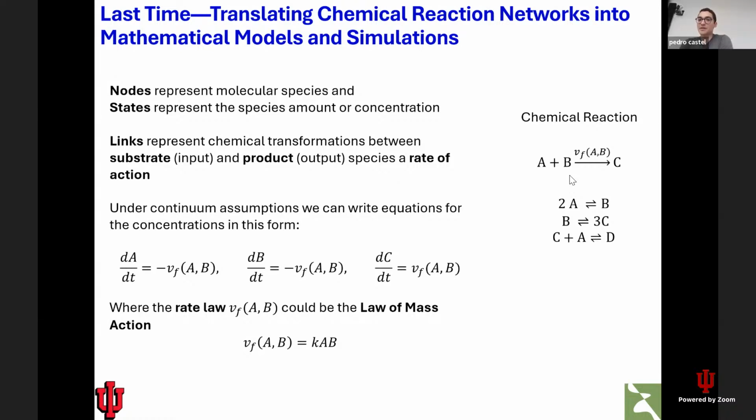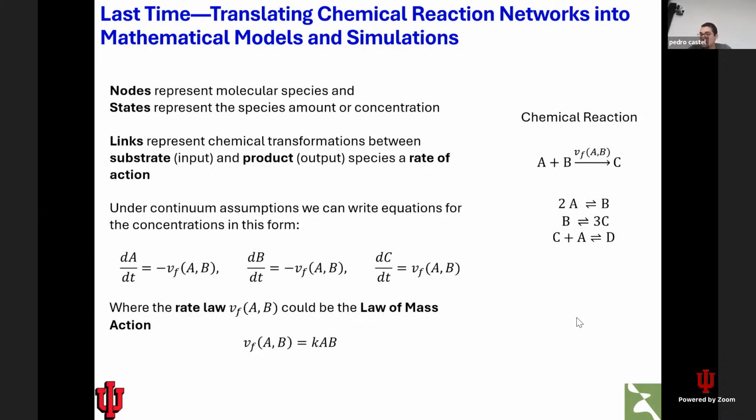What is happening here is that you have A combining with B going to C, with a rate of how fast it happens. So you can write the rate of change of each node A, B, and C, and it depends on the state of the nodes. And if you consider the law of mass action, the rate is proportional to both concentrations of A and B.